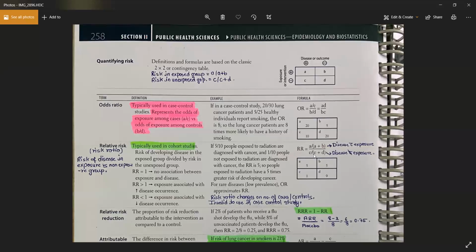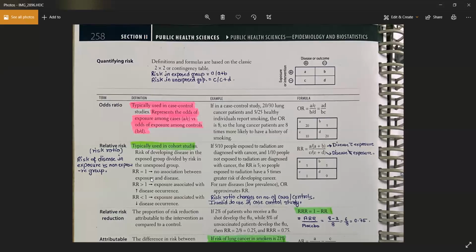If the relative risk came out to be 1, it means the risk in the exposed group is equal to the risk in the non-exposed group. That means the exposure is not contributing in any way to the disease process, so there is no association between the exposure and the disease.